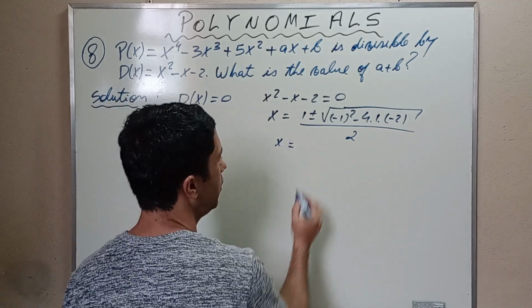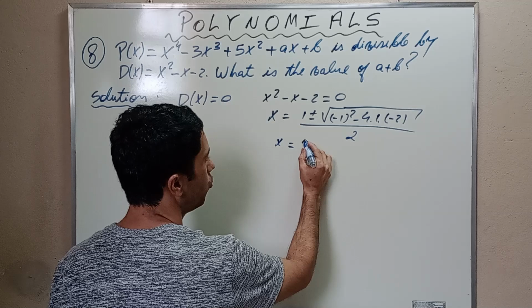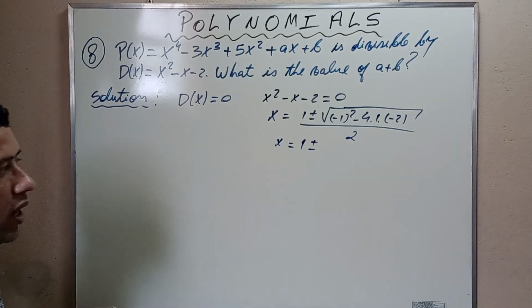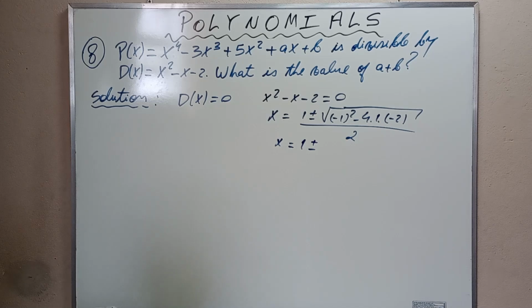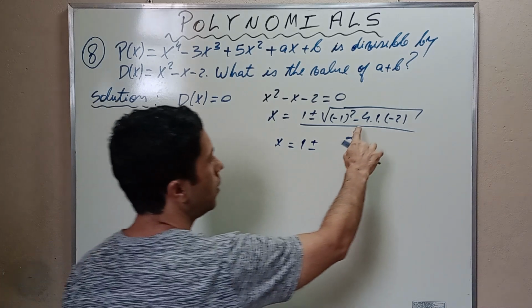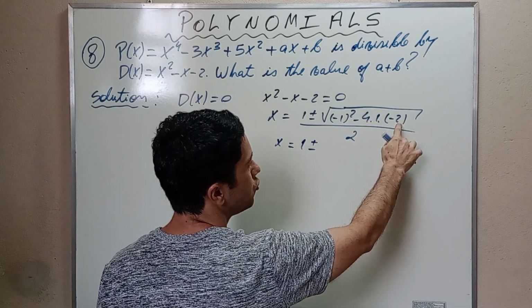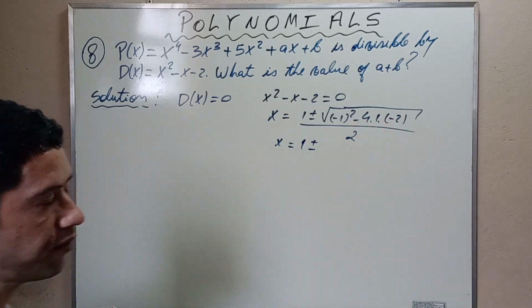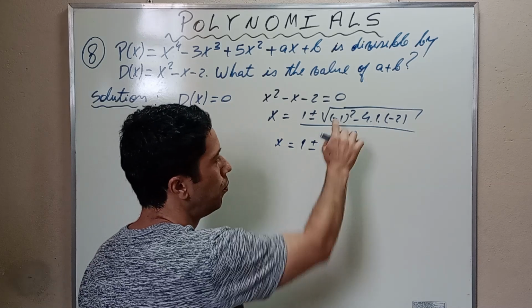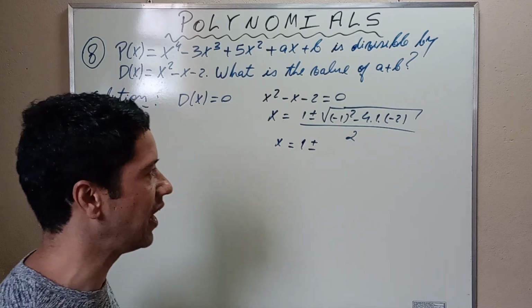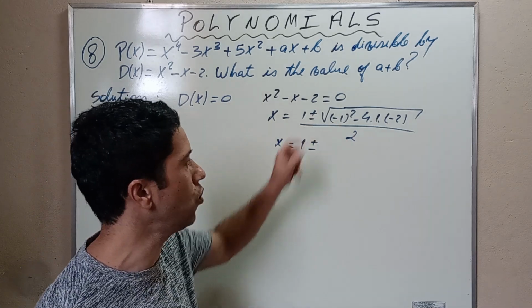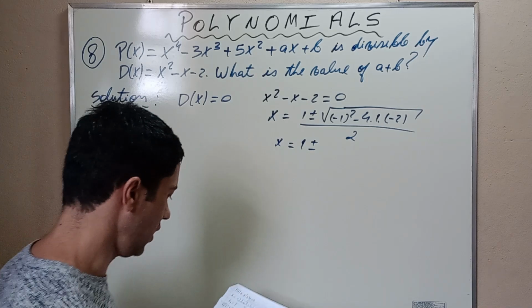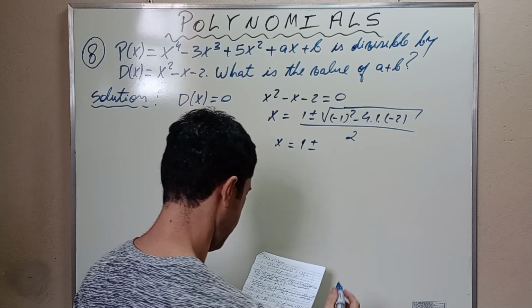And in this way, it is 1 plus minus negative 1 squared is 1. 4 times 2 is 8. Negative with negative, positive, positive 8 with positive 1 is 9. Then we are calculating the square root of 9. The square root of 9 is 3.